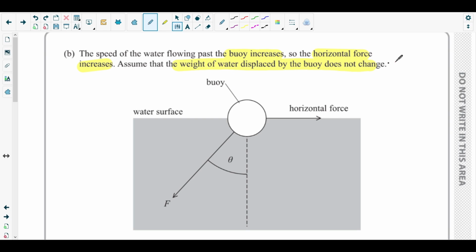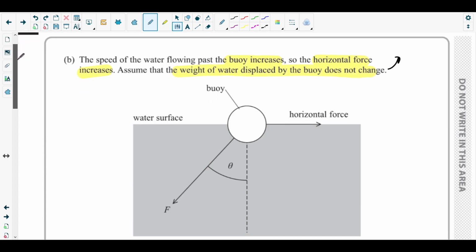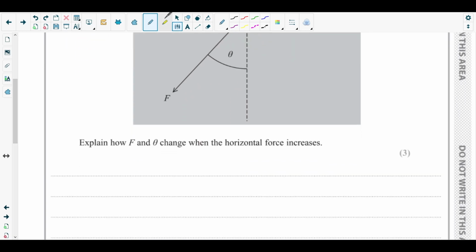So this is basically the upthrust, right? Because the weight of displaced fluid is called upthrust. So upthrust does not change. This is an important point. Explain how F and theta change when the horizontal force increases.